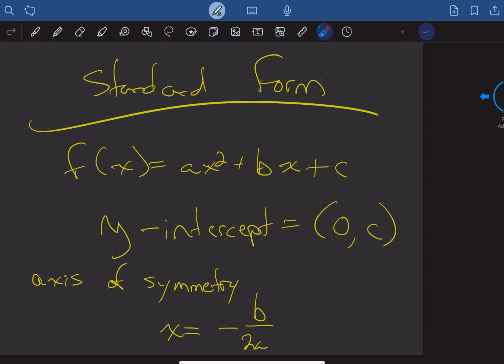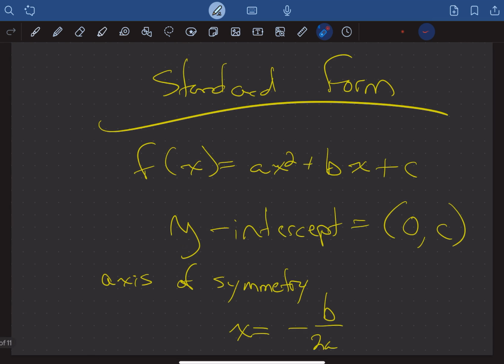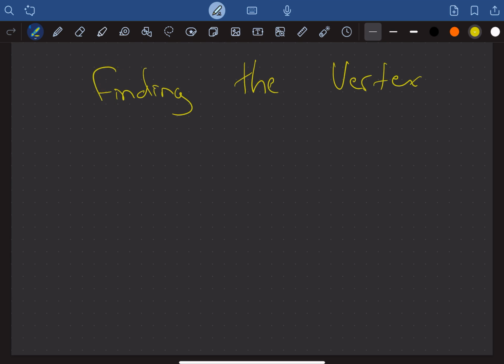Now, a little more complicated is finding the vertex from the standard form. And if this looks too complex or really weird, don't worry about it. We're going to find the vertex form, but you can find the vertex straight from the standard form. It's going to be equal to -b/2a, and then the value of the function at -b/2a.